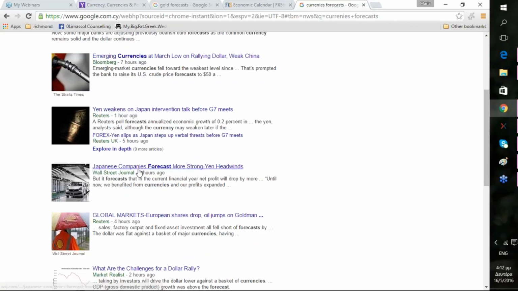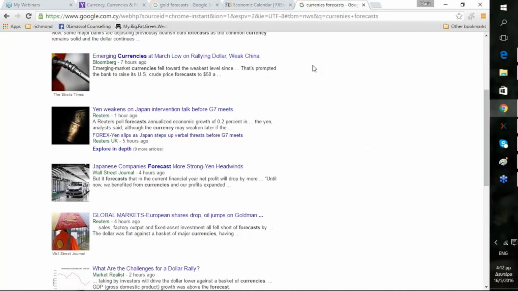Japanese companies forecast more strong yen headwinds. That's 4 hours ago, but the latest one here is about the weakening yen before the G7 meeting. Global markets, European shares drop, oil jumps. Very important. What are the challenges here we have got for a dollar rally and all that.